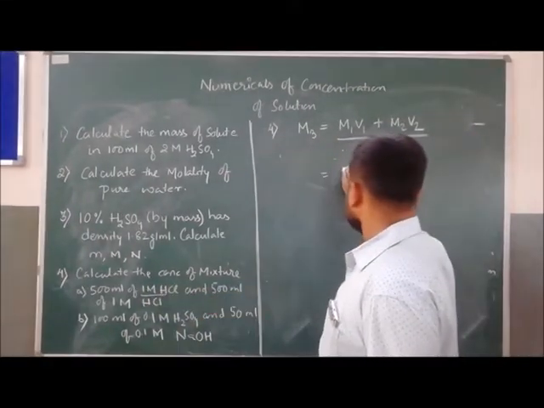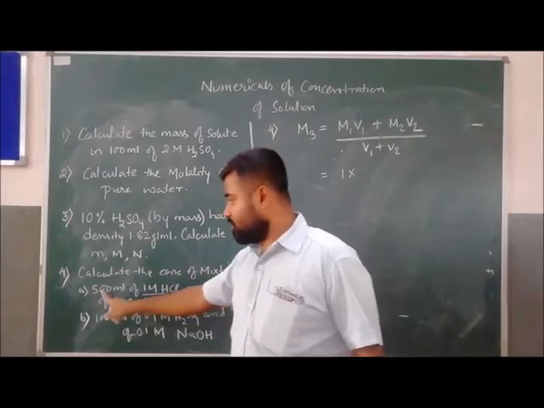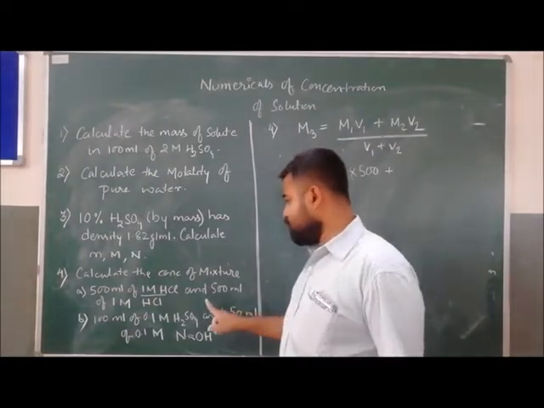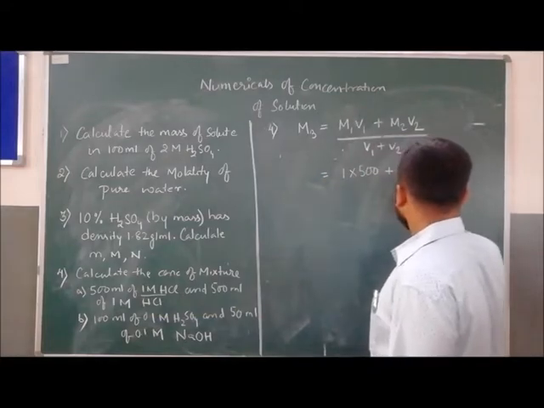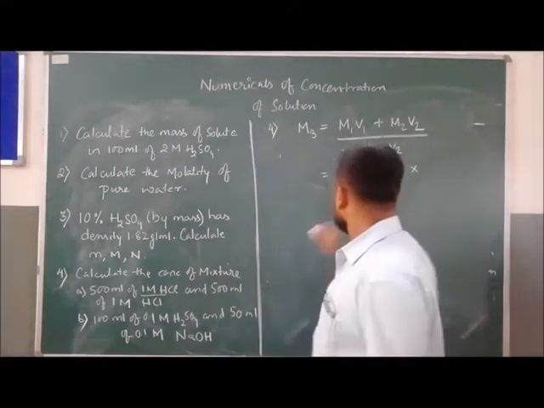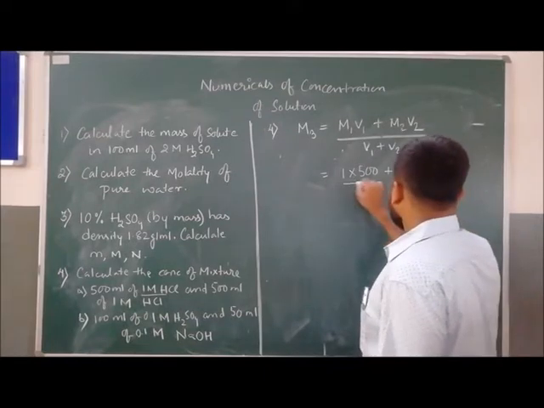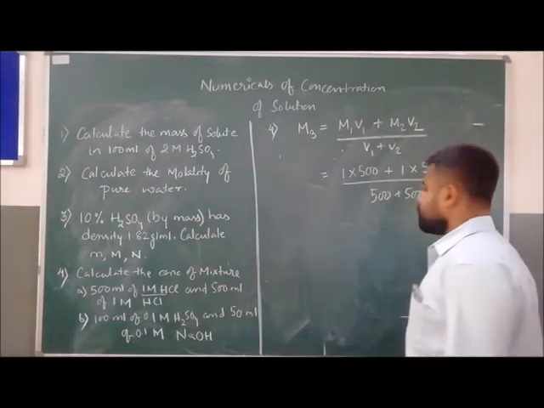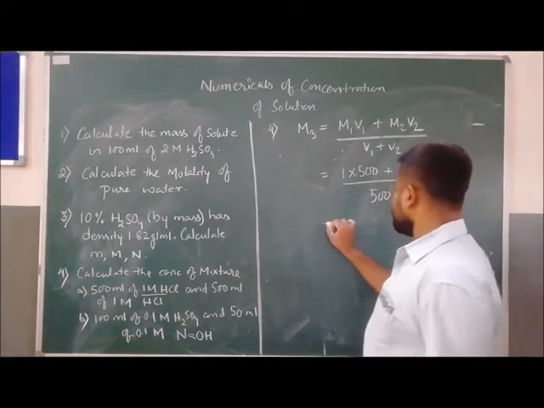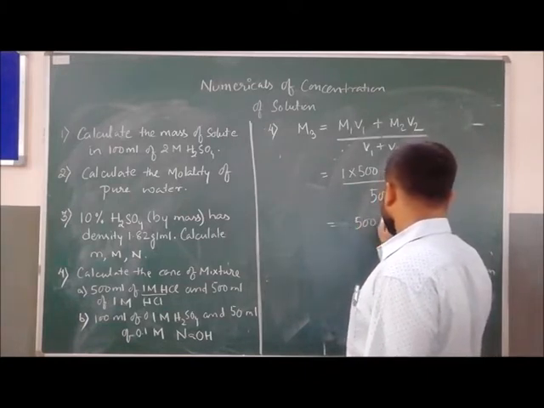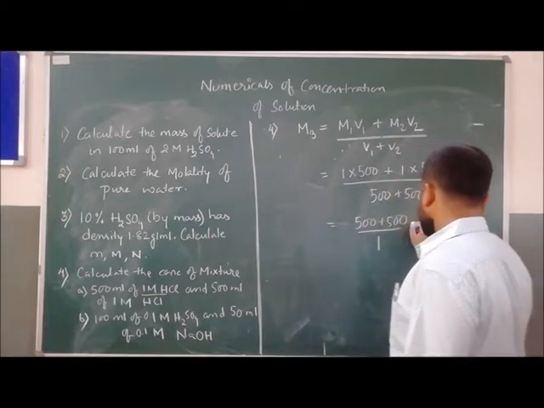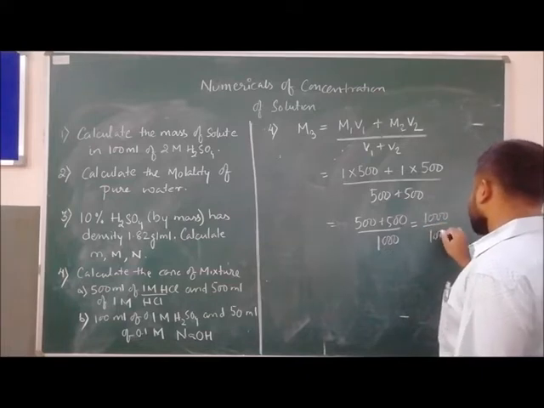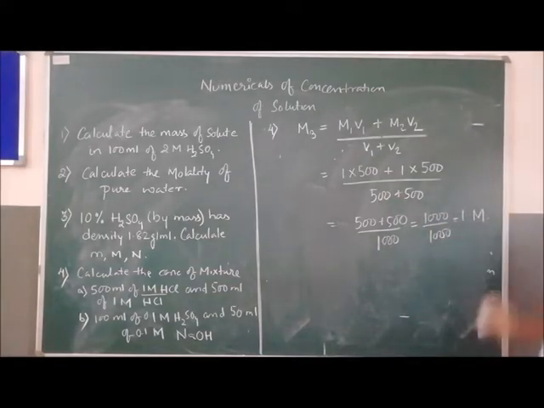M1 is 1 molar, so 1 into V1 500, so we will put 500, plus M2 1 molar, 1 into V2 also 500 ml, so 500, and the volume 500 plus 500, so in the bottom it comes 1000, so it is equal to 1000 by 1000, that is equal to 1 molar.